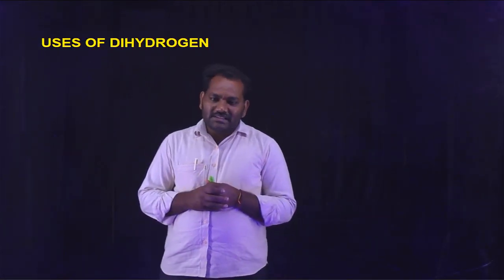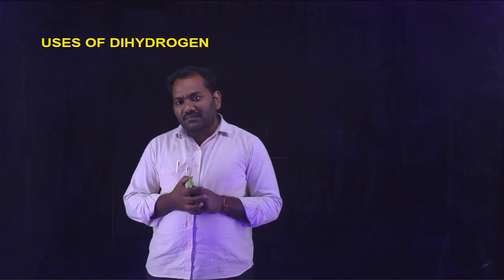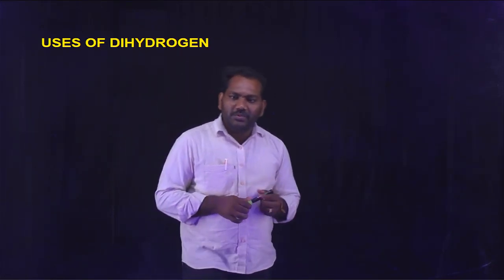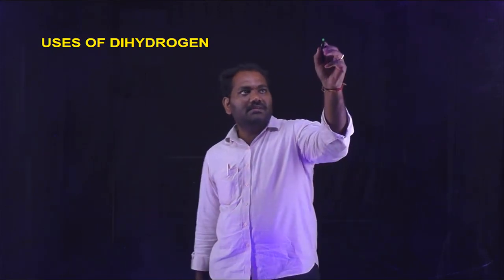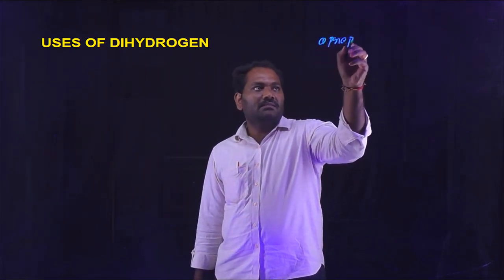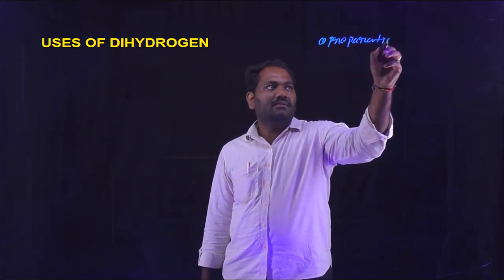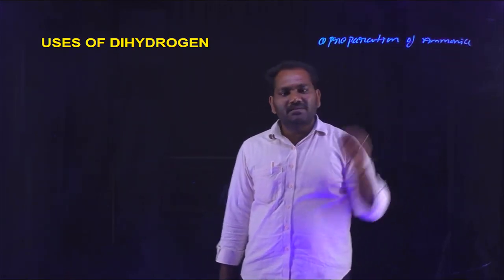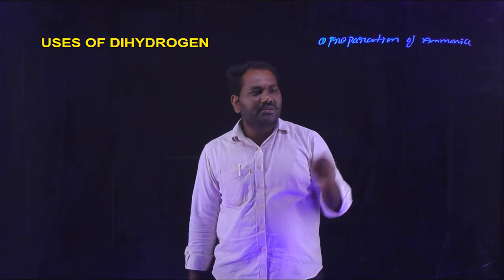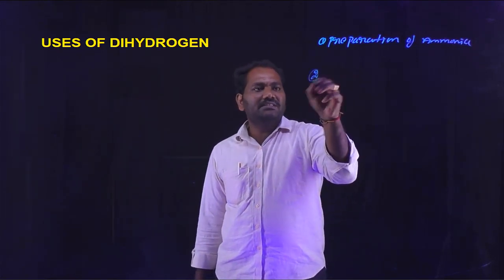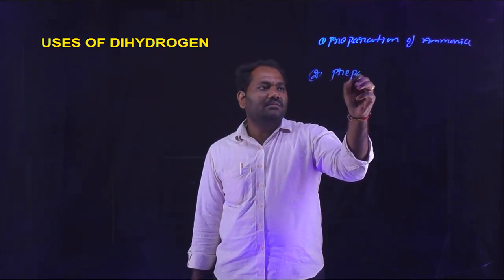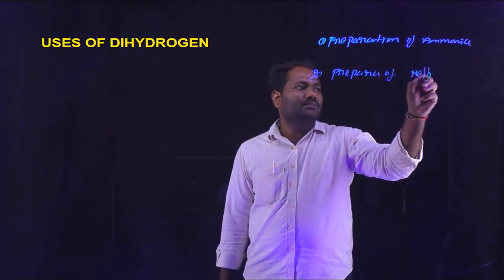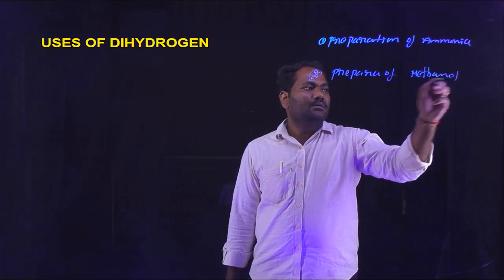Okay, let's discuss the industrial applications of dihydrogen. Generally, dihydrogen is majorly used in the preparation of ammonia. Ammonia is one of the important compounds, already I told you. And the second one is the preparation of methanol.